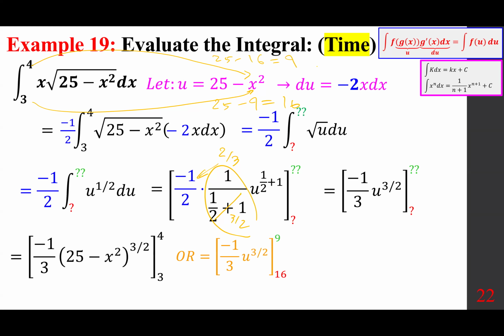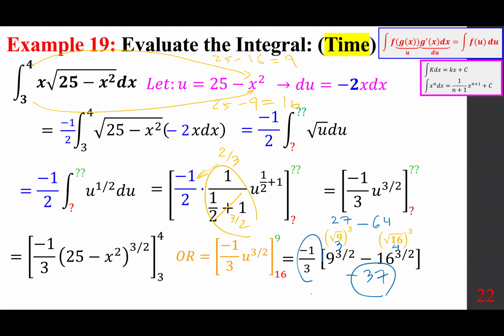And you can evaluate it this way by plugging in 9 and 16. 9 to the power of 3 halves means square root of 9, or 3 cubed, 27, minus 16 to the power of 3 halves means square root of 16, 4 cubed, 64, so minus 37, and with the coefficient, it's 37 thirds.